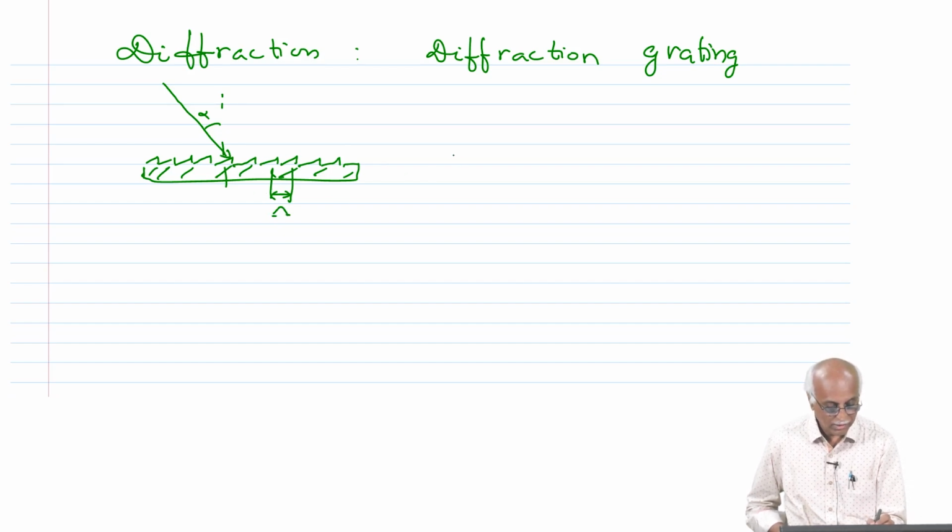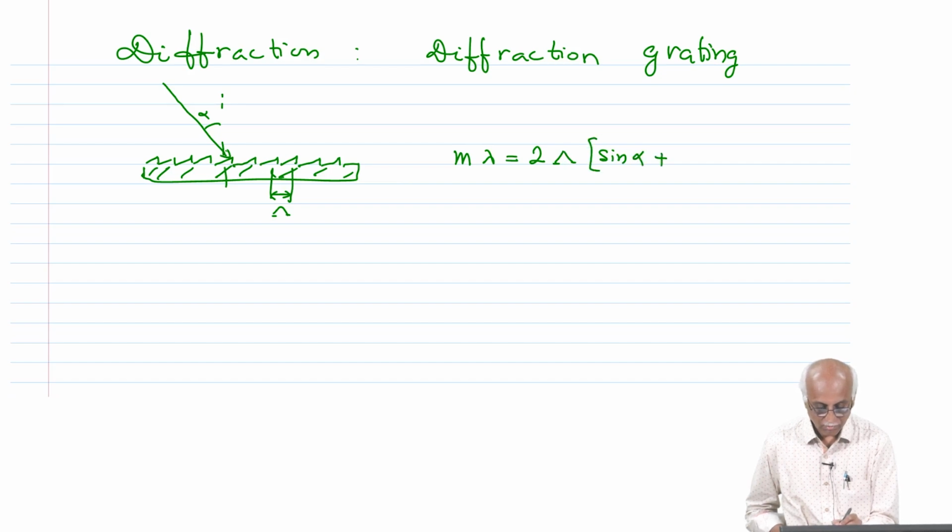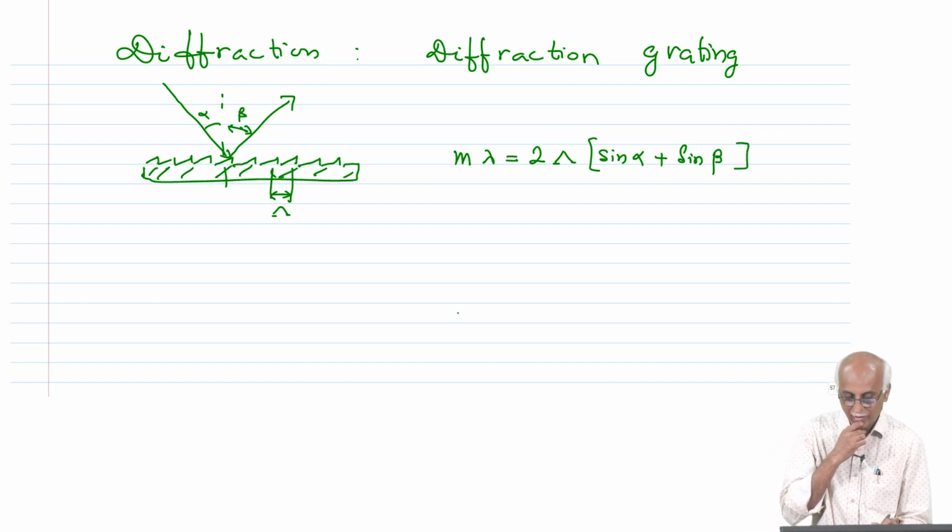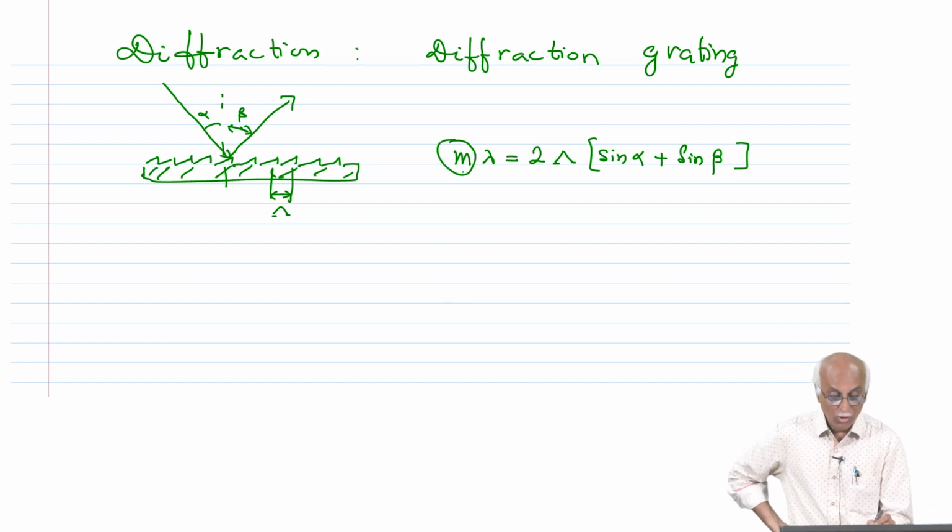So, m lambda equals the grating period times sine alpha plus sine beta, very similar to Bragg's equation, and m is the order: 0th order, first order, second order.